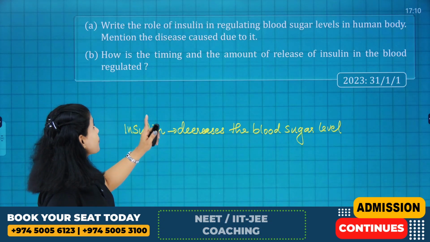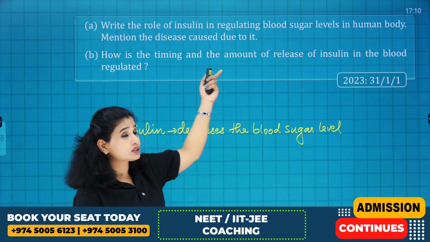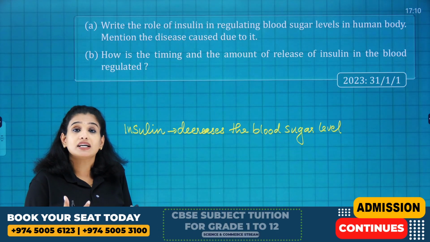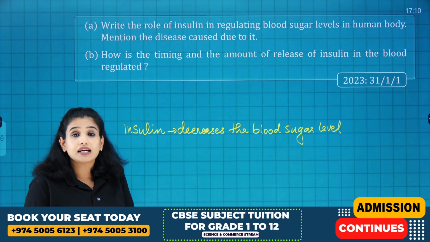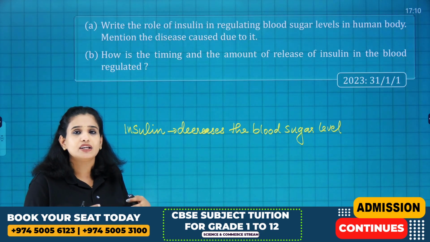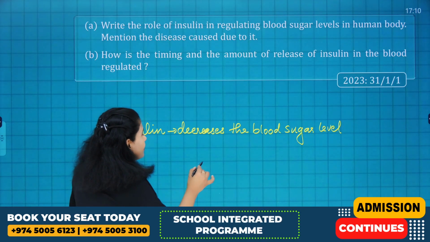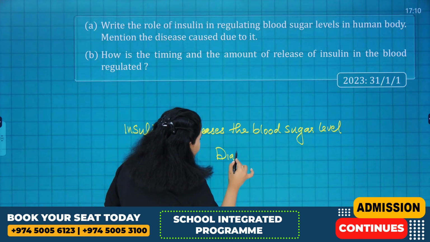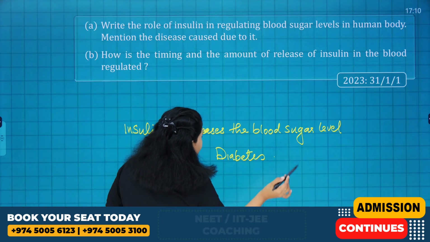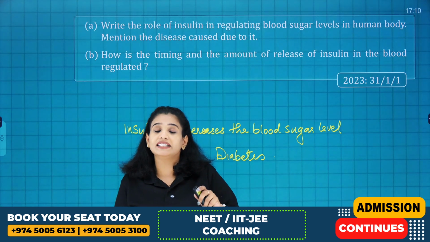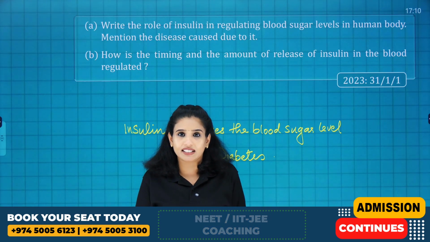Now, you have to mention the disease caused due to it. When the blood sugar level is high and insulin is not secreted in the normal amount, what will happen? That may lead to diabetes, diabetes mellitus.